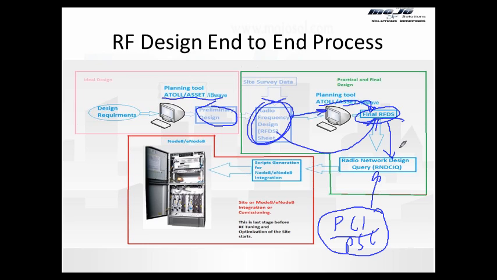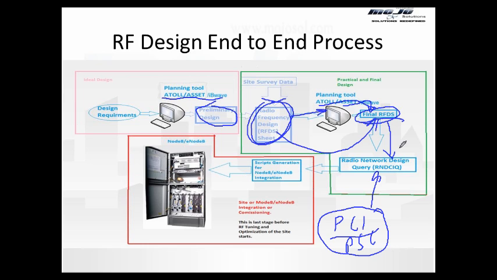There are many formats. During the process, we'll be learning what the formats of RFDS are. Of course, and one more thing, RFDS for macros, each site has a different, separate document. Similarly, the RND-CIQ as well.